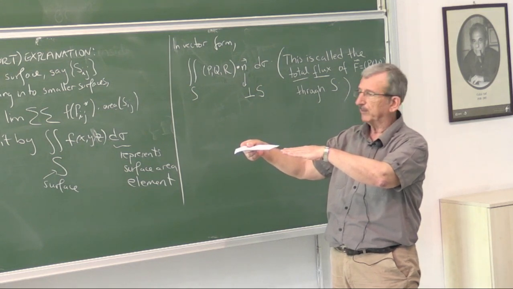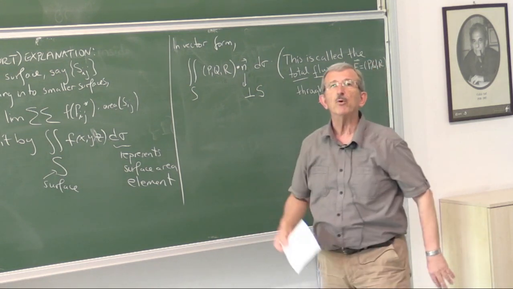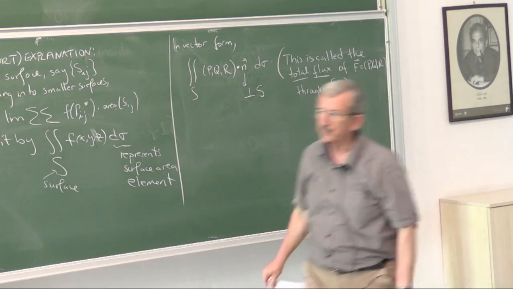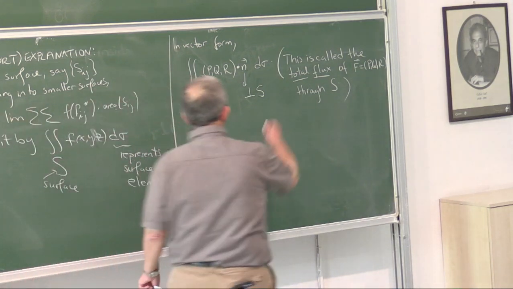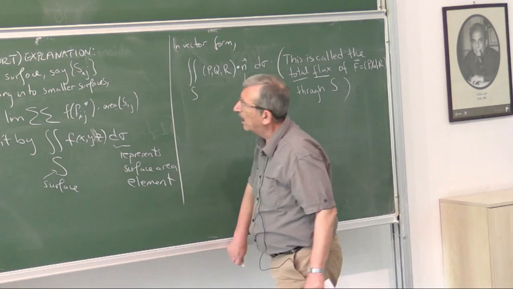Flux is zero, because it just passes from both sides. So you need perpendicularity there directly. So it's called the total flux.